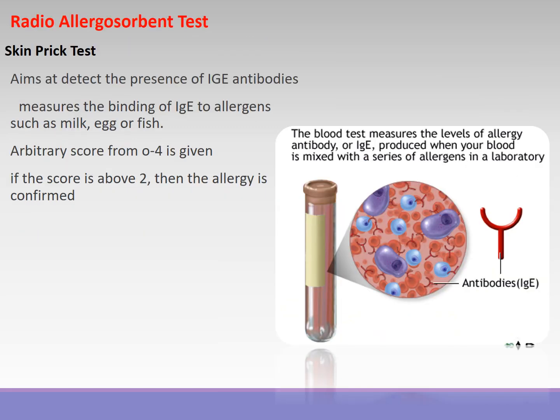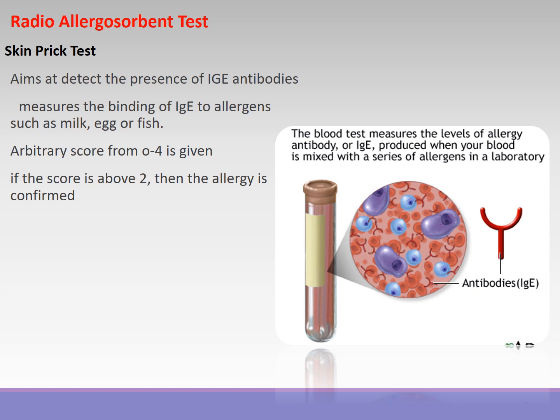Then comes the radioallergosorbent test. It is a skin prick test. It aims at detecting the presence of immunoglobulin E antibodies, measuring the binding of antibodies to allergens such as milk, egg or fish.